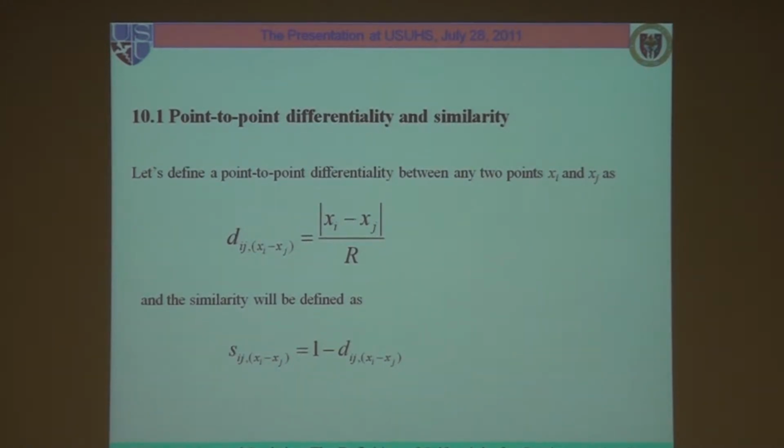Actually, the relationship of a point to the others is calculated with their differentialities and similarities. We cannot consider either differentiality or similarity alone. We must consider both. This is dialectics.